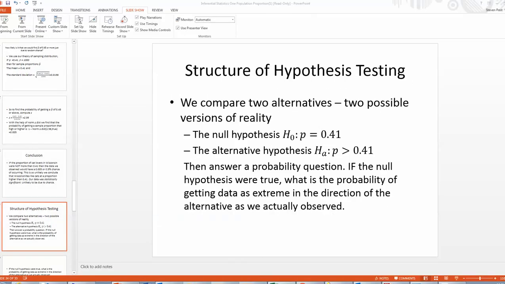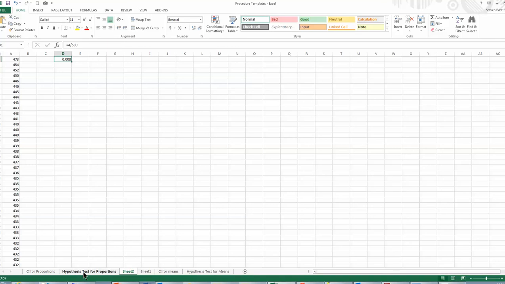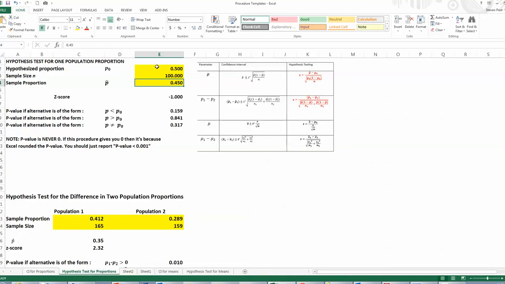Now with our procedure template, we can get Excel to do the number crunching for us easily. In this example, our hypothesized proportion was 0.41. Our sample size was 1,000. And our sample proportion was 0.45. So there's our z-score, 2.57.